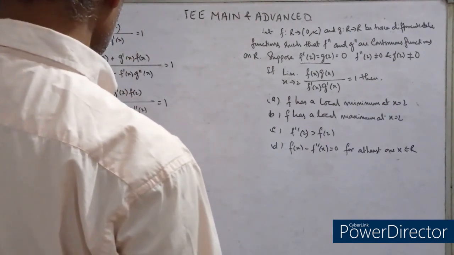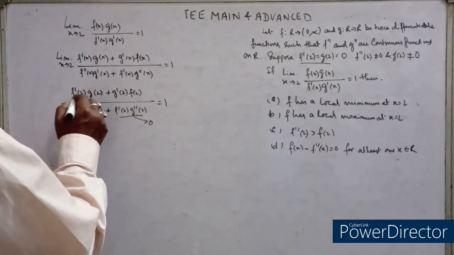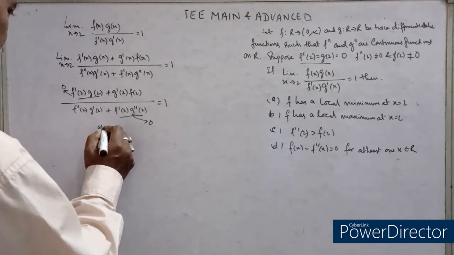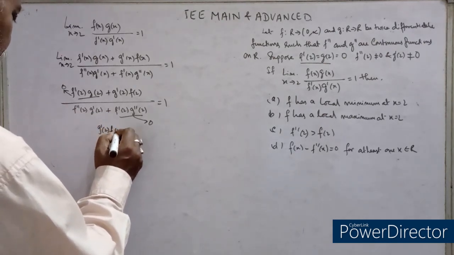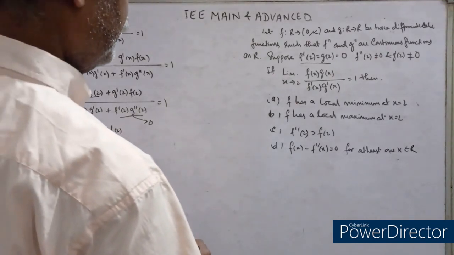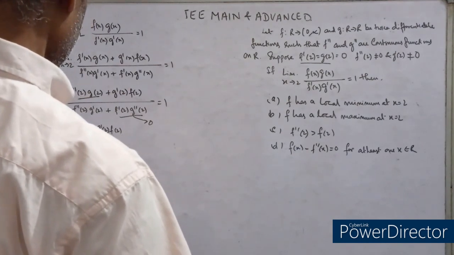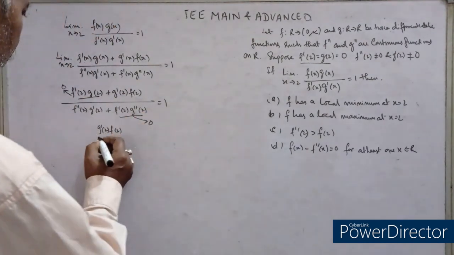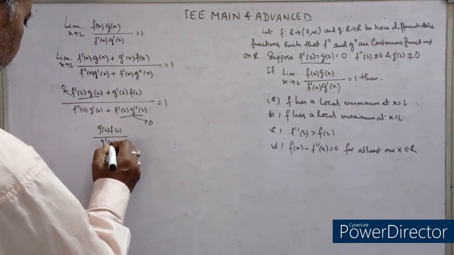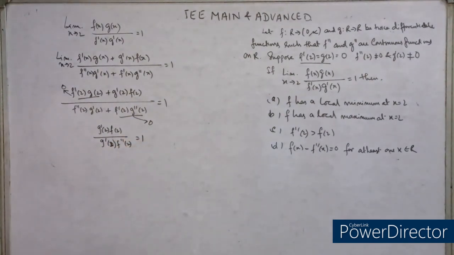g dash 2 we do not know, f dash 2 here it is again 0, so this is also 0, this is also 0. So g dash 2 f2 by again here g dash 2 f double dash 2 is equal to 1.